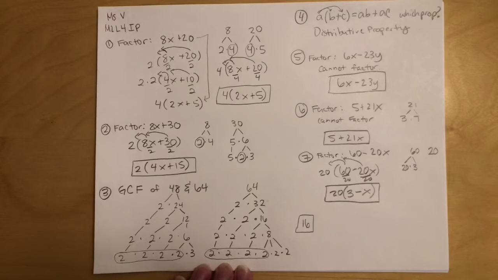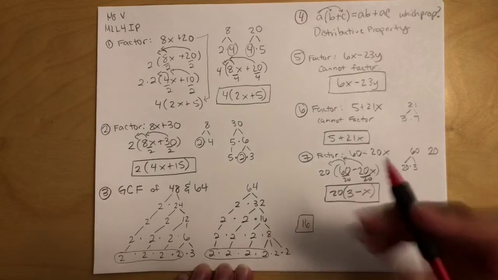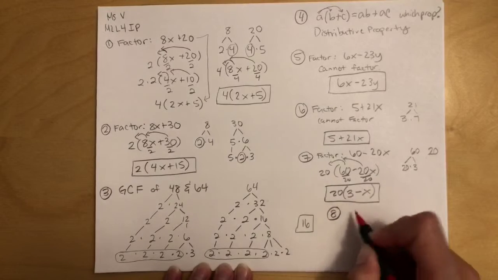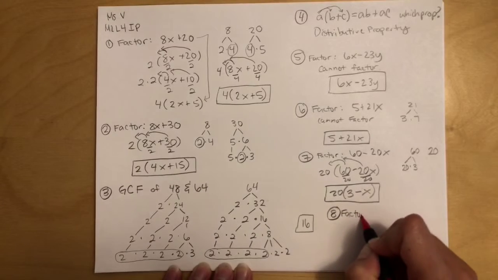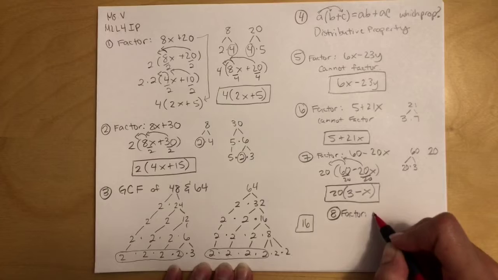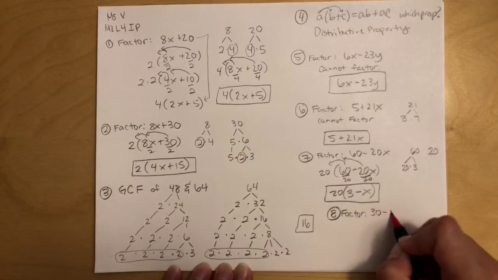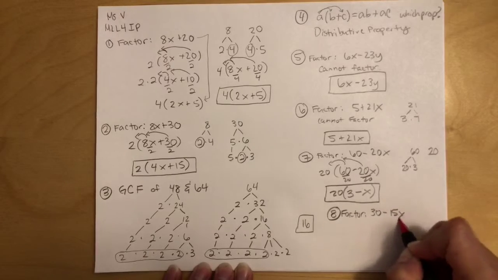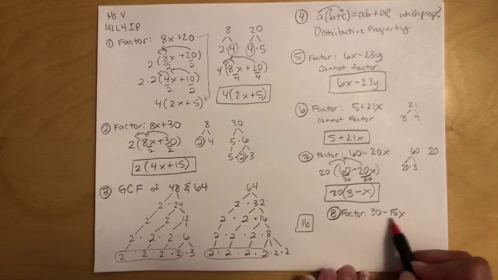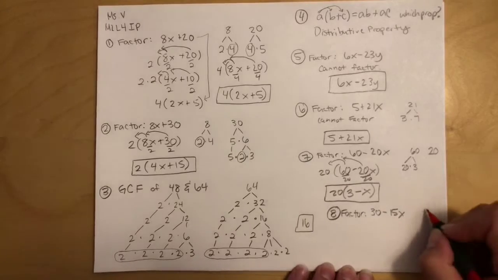Okay. Let's see what 8 looks like if I have room. Yes, I have room. I'll go ahead and do that right here. Another factor. 30 minus 15x. I know that 30 is 2 times 15.